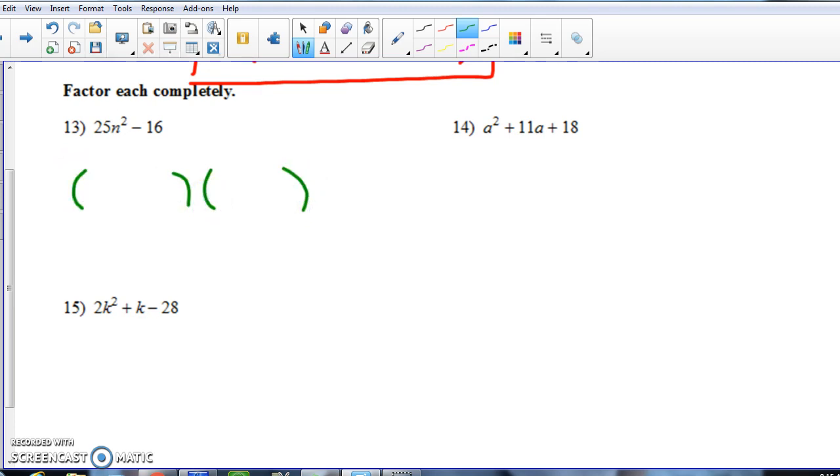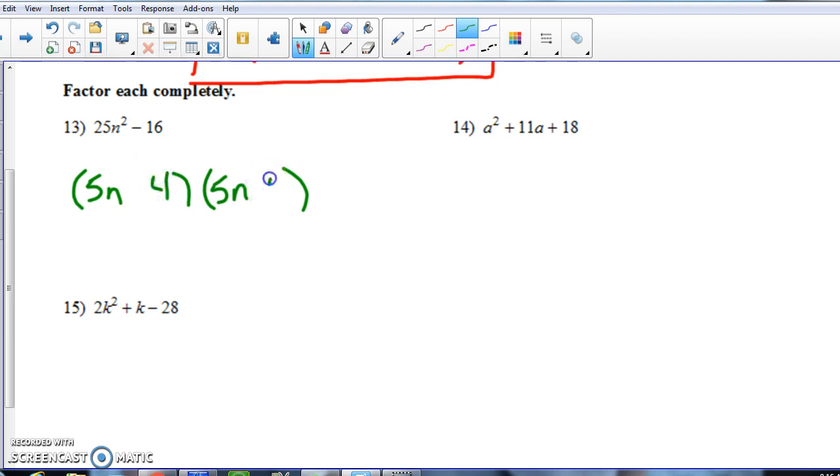In the beginning of each set of parentheses, I take the square root of the first term. So the square root of 25n squared is 5n. So that goes in the front of each set of parentheses. In the back of each set of parentheses is the square root of the second term. The square root of 16 is 4.